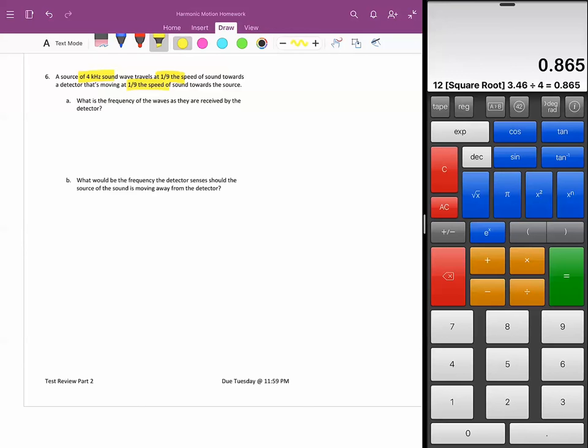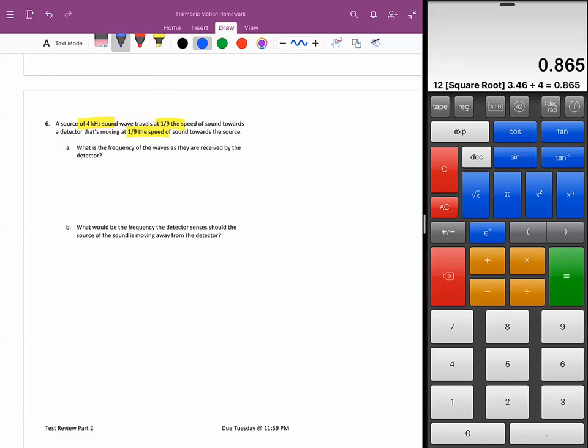First things first, in regards to the 1/9, 1/9 times 343, your given speed is 38.1 meters each second.